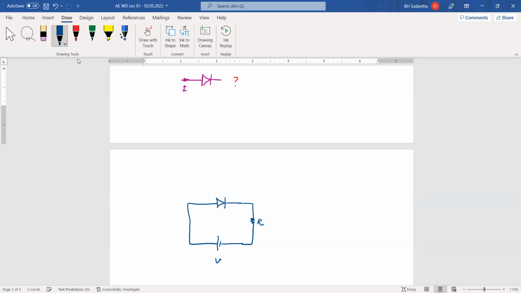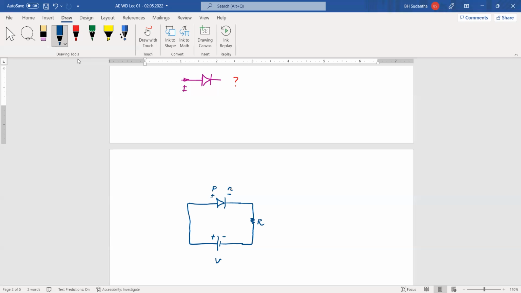Here we have applied battery voltage. This is the positive side and this is the negative side of the battery. And this is the P-type semiconductor, I mean the N-type semiconductor junction here. You know that this is the positive side of the diode and this is the negative side of the diode. This is the way we can connect this.